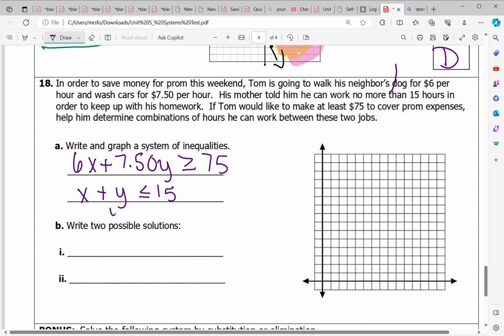So, first of all, the second one, -x plus 15. I say 1, 2, 3, 4, 5, 6, 7, 8, 9, 10, 12, 13, 14, 15. I can graph this.